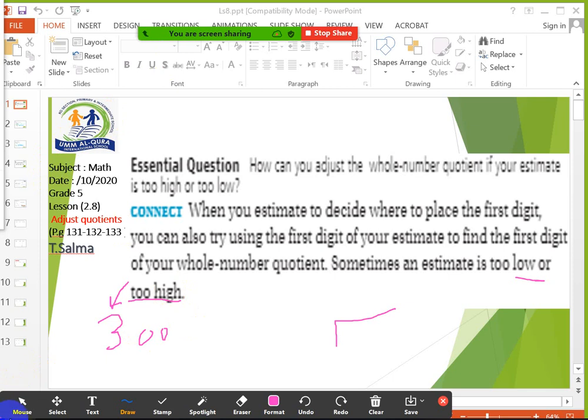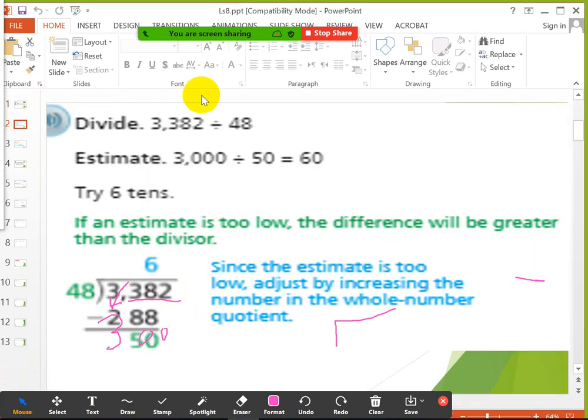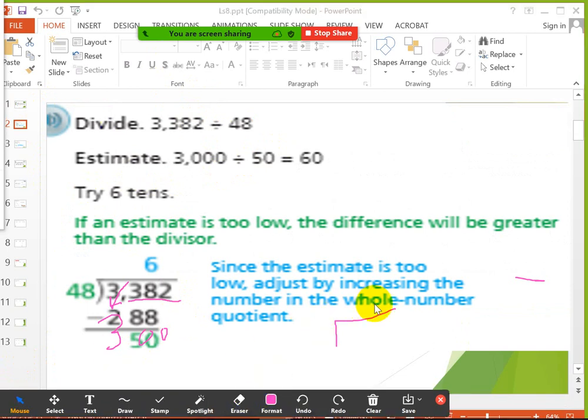So let's start with the first problem. Before I start with the example, I want you to look at this division.